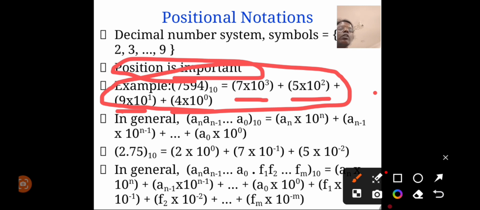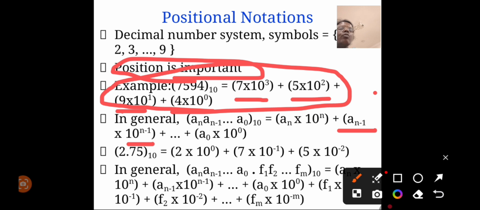Okay, so in general we can represent the positional notation for the integer part, which can be a0 to an, right? It's a base 10 number, a decimal number. So how can it be represented in positional notation? an, whose place value is n, should be multiplied with 10 power n. an minus 1, the next lower significant digit, should be multiplied by 10 power n minus 1.